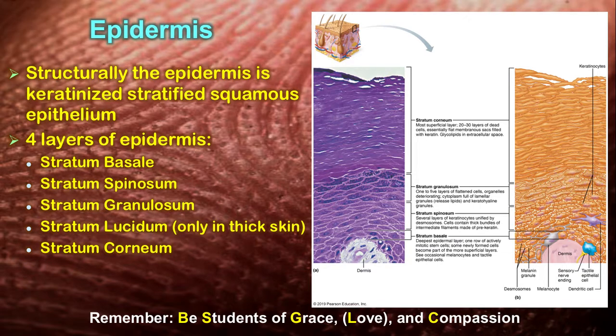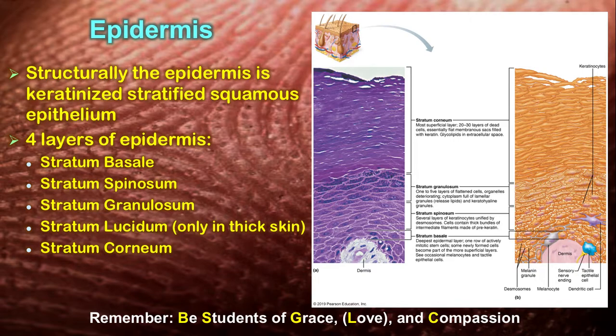And there are layers of epidermis, starting from the deepest: stratum basale at the bottom, stratum spinosum, stratum granulosum, stratum lucidum, and stratum corneum. They work from the bottom to the top. A way to remember the order is to remember "be students of grace, love, and compassion." All the first letters, right?